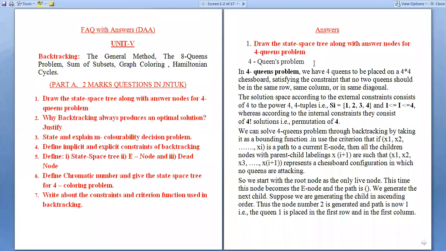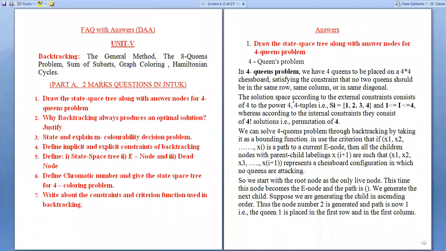Now we are placing the queens in the chessboard such that no 2 queens attack each other. So we have 4 queens to be placed on a 4 by 4 chessboard, satisfying the constraint that no 2 queens should be in the same row, same column, or the same diagonal.